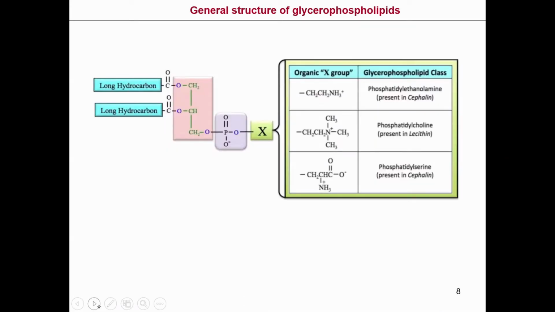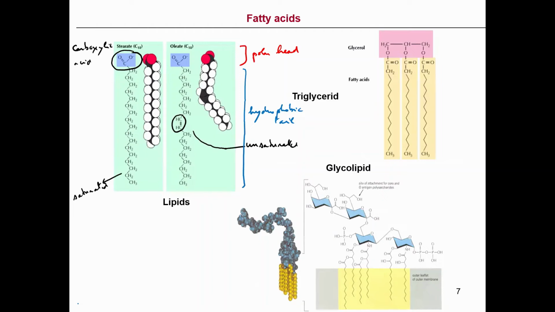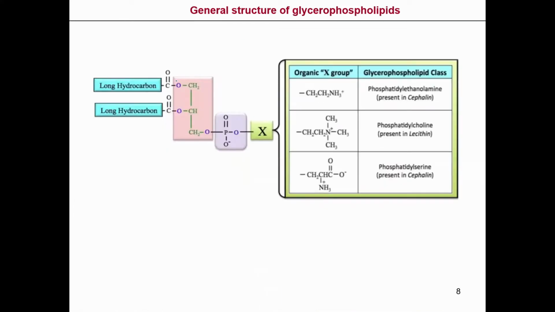Okay, so we will see the other molecules after. For the glycerophospholipid, you have glycerol. This is the molecule called glycerol. This glycerol has 3 alcohol groups.